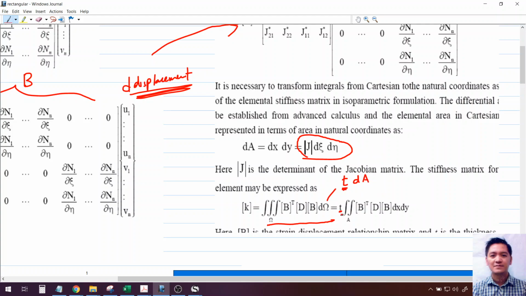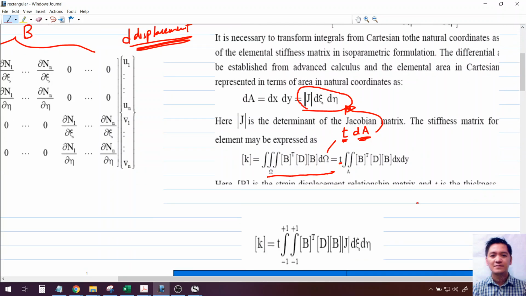Kasi constant to, in-extract siya dito. But since dA is this, this now becomes, hindi ko pala na-capture. Yan, ito pala yun, no? Sa baba. Okay? This one becomes this. Okay, yan, okay? And ito yung in-extract natin na T.